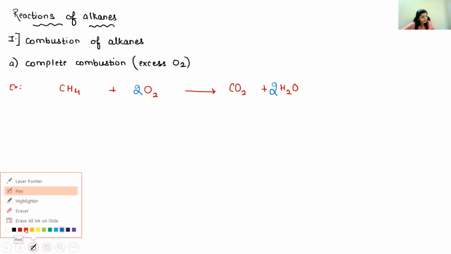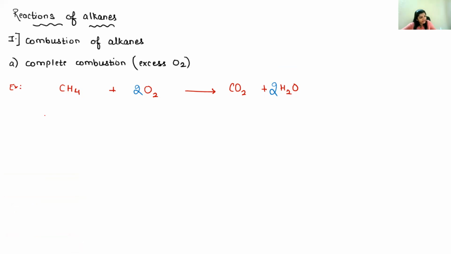Suppose I want to do complete combustion for ethane. So ethane is C2H6 plus O2 gives CO2 plus H2O. Can anybody balance this equation? C2H6 plus O2 gives CO2 plus H2O.